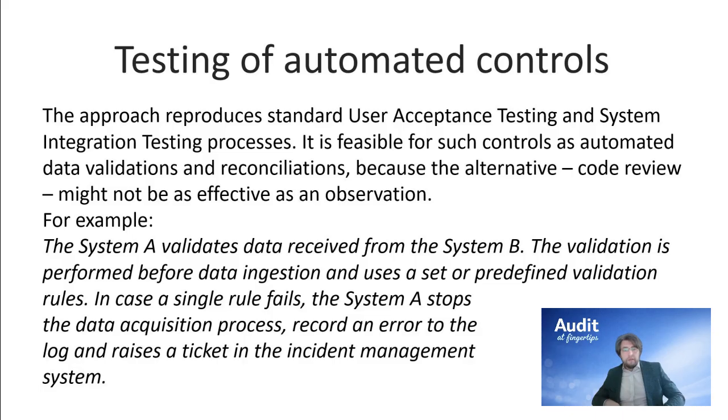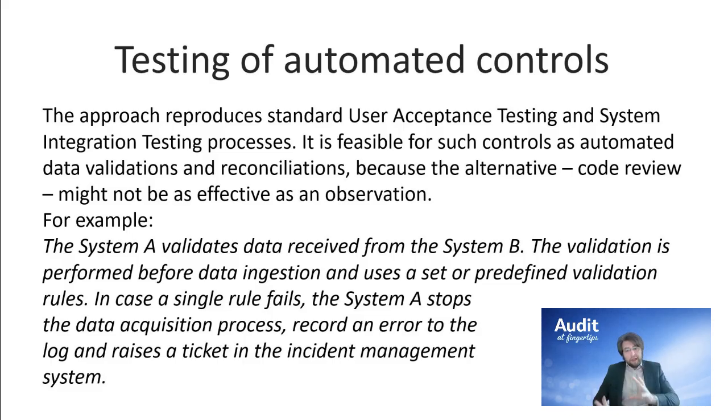Right, and here we have some examples of those controls. It could be data validations, reconciliations, right? For example, system A receives data from system B and applies validation rules to make sure that the data we ingest from system B is correct data, that we will not ingest and record into the system A database something which is not good, which will impact the quality of data on the system A side.